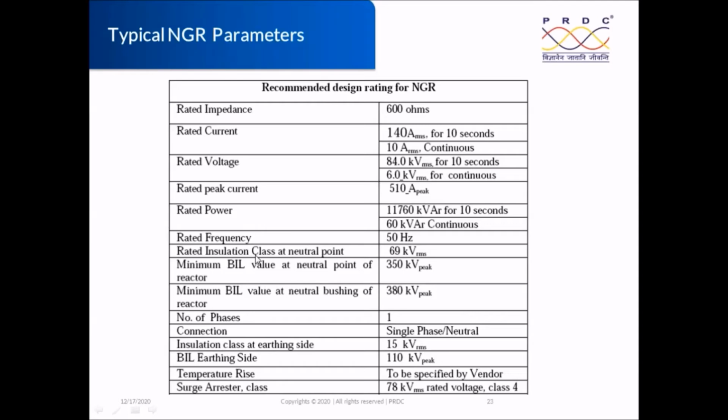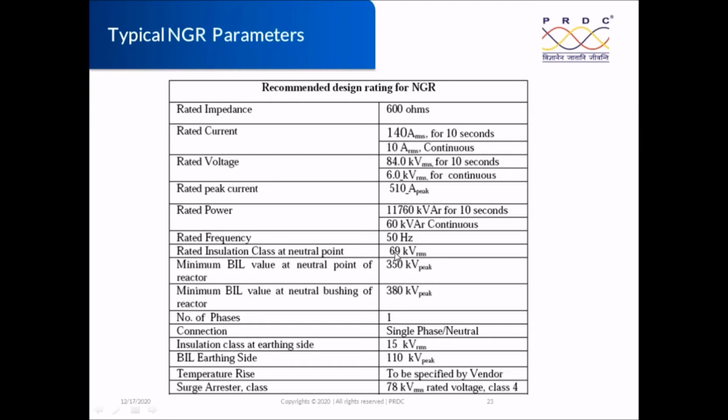Afterwards, the important thing is the insulation class at the neutral point. This is again based on the fault voltage criteria that I explained: at the open end you create a single line to ground fault, measure the neutral voltage at the reactor, and use that to define the voltage class at the neutral point.